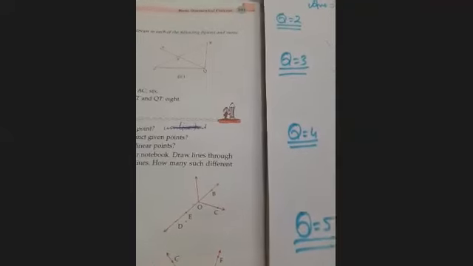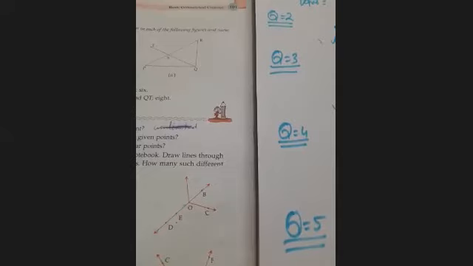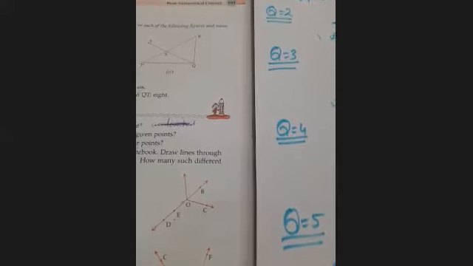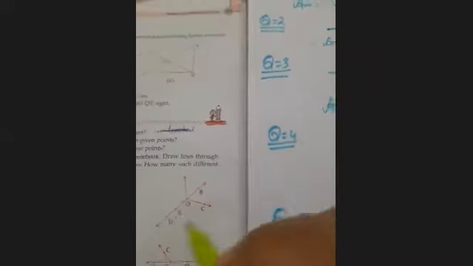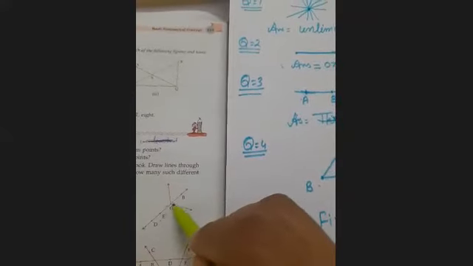For this, students, we will consider this figure. First we'll write 5 points, then a line, then 4 rays, then 5 line segments. Yes, students, OB is also a line segment.